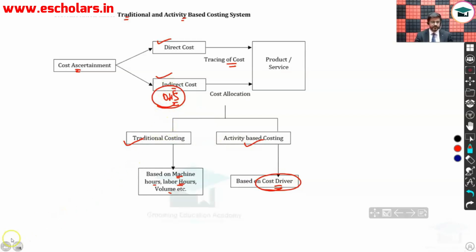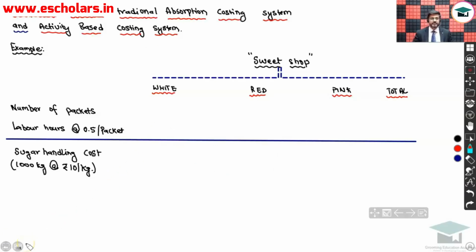Okay. Thank you. So now we will be discussing your activity based costing systems example. Before we proceed, there are some expectations which I have from all of you. Whenever you are watching this video, pay very close attention to this example. Do not rush to start writing.